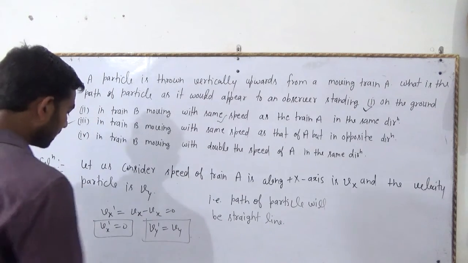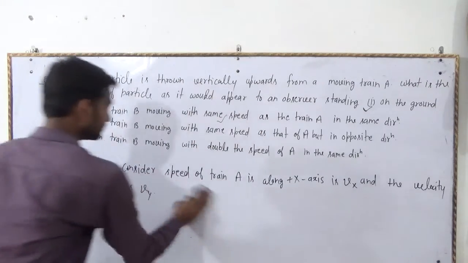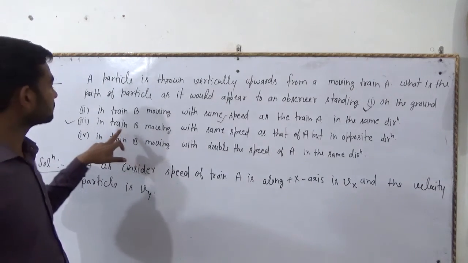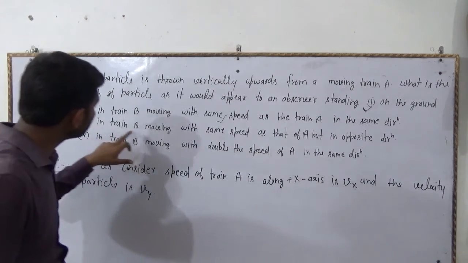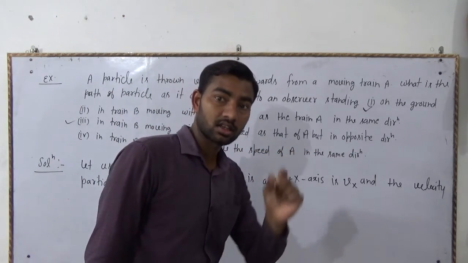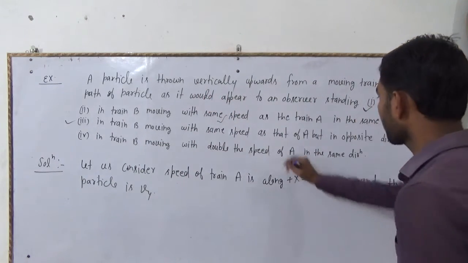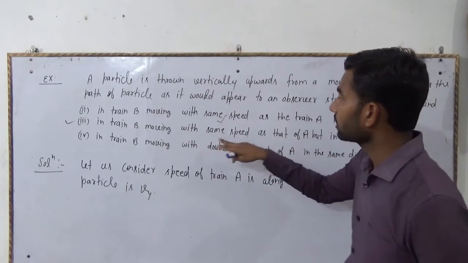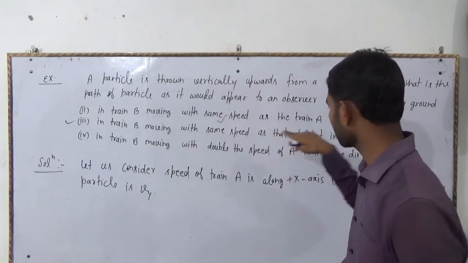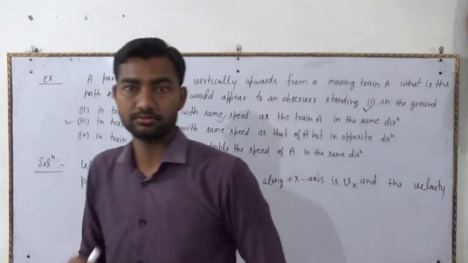So we will continue and see the solution of the third condition. Here the third condition is train B moving with the same speed as A but in the opposite direction. Here only a very minor difference is present, the direction.